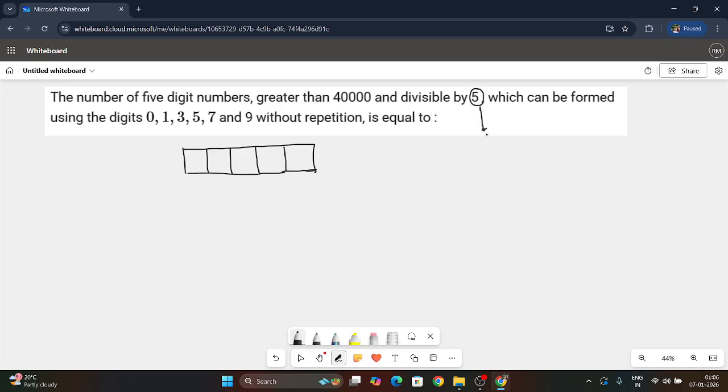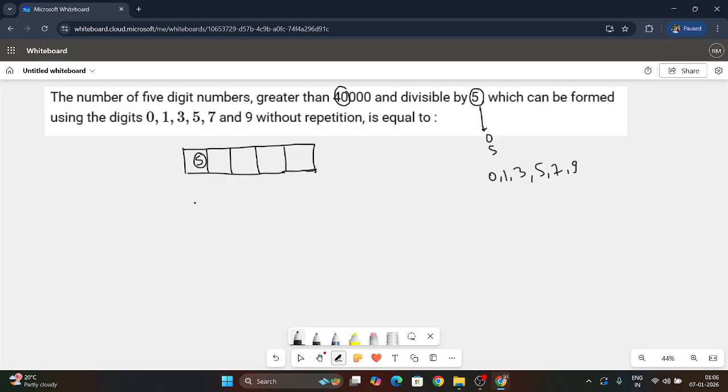The number which has 0 or 5 at the one's place is going to be divisible by 5, formed by using the digits 0, 1, 3, 5, 7 and 9, without repetition, keep in mind, without repetition, and the number of 5 digit numbers greater than 40,000, please keep this in mind here also. So 4 is here, so obviously here we cannot choose 0, cannot choose 1, cannot choose 3, I can choose 5.